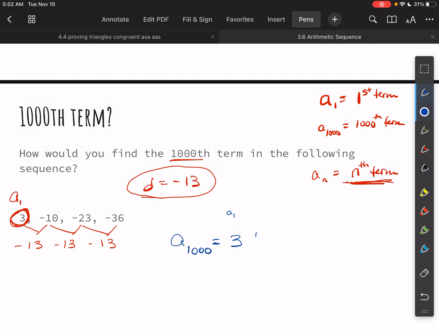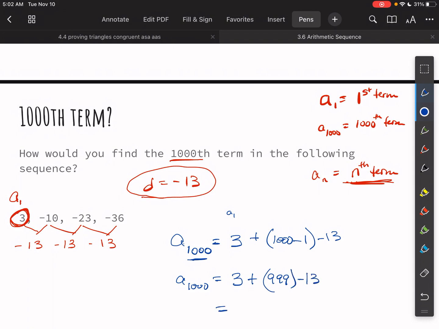That's a1. Plus, we have n, which is this guy, 1000, minus 1 times d, negative 13. Okay, so the 1000th term is as simple as simplifying this. So we get 3 plus, this is 999 times negative 13.